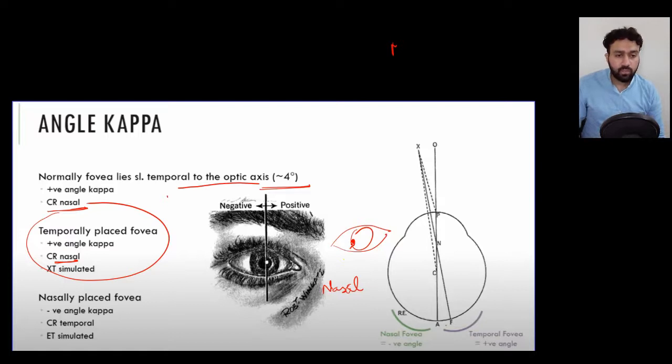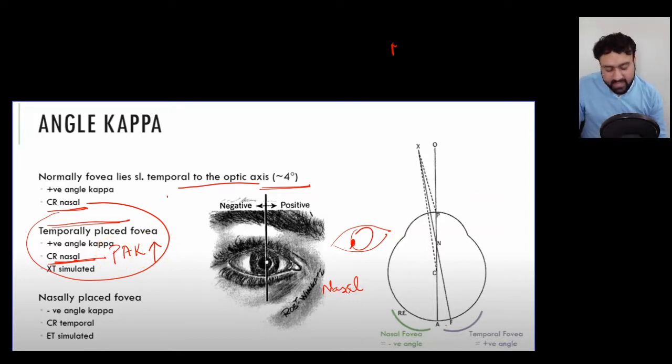If the fovea is dragged temporally, the corneal reflex will come more nasally, and if it's on the nasal side, it's a positive angle kappa. So in a temporally placed fovea, the positive angle kappa will increase.